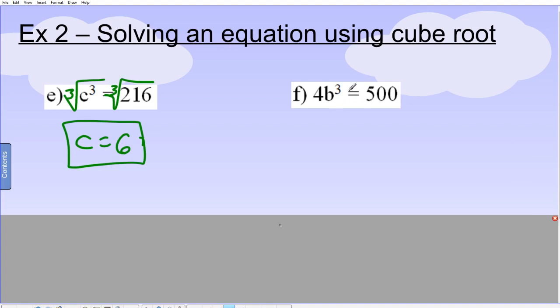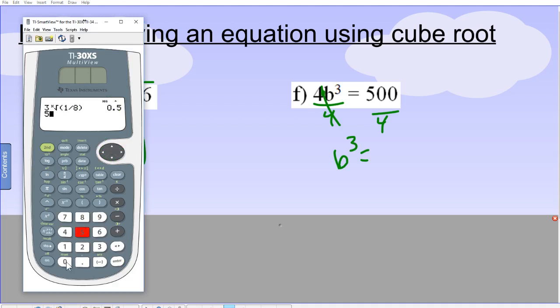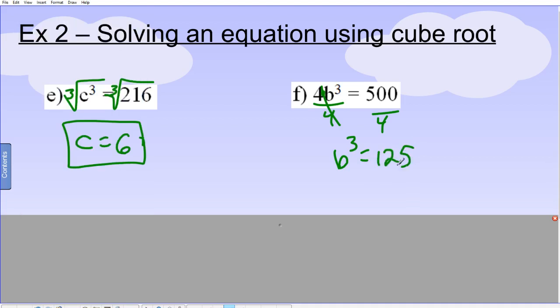Here, letter F. Before I can cube root, I've got to get rid of this 4 out front. That 4 is going to be a problem. So since that is a multiply by 4, I'm going to divide by 4 on both sides and get b cubed equals. So let's just double check here. 500 divided by 4 equals 125. Okay.